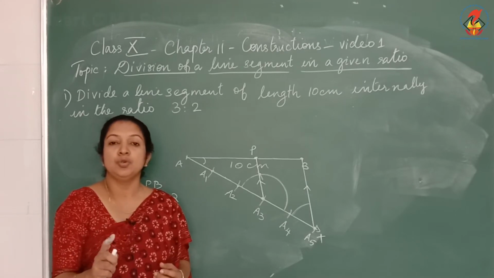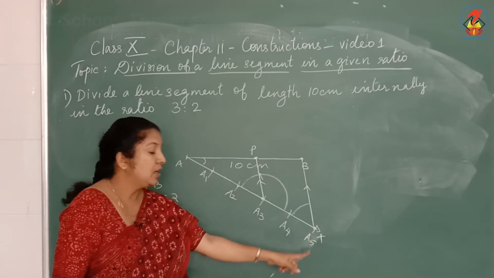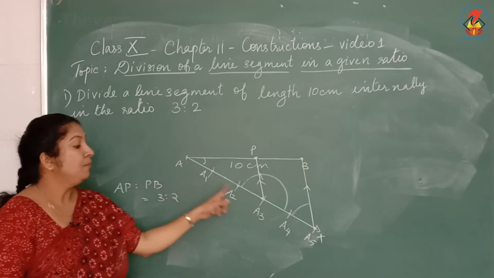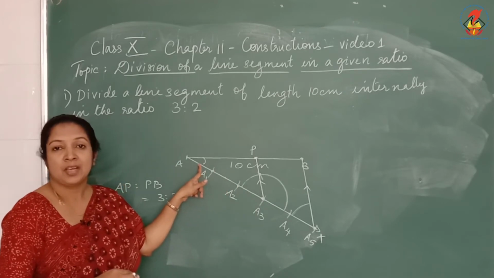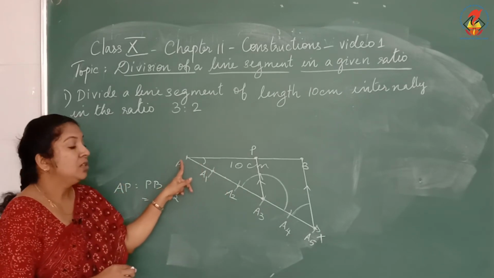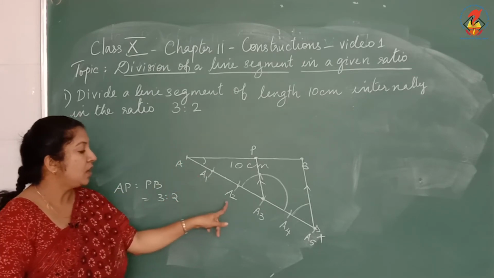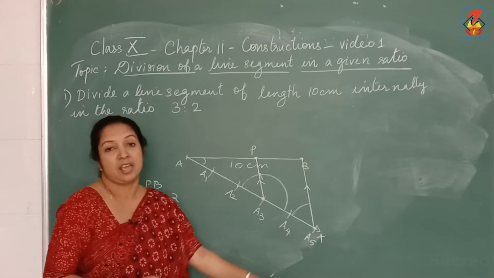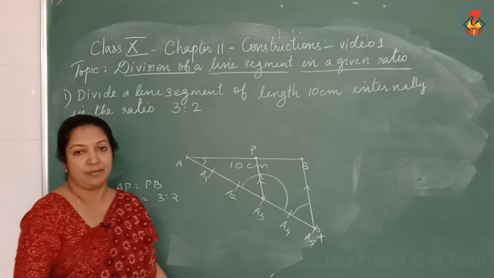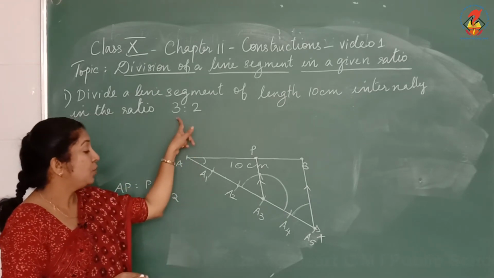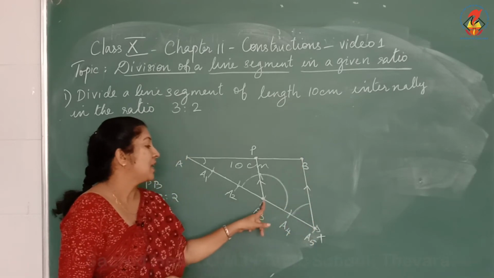3:2 means 3 plus 2 parts should be there. So first we have drawn a ray AX which makes an acute angle with the given line, and we have divided this ray into 5 equal parts, marked as A1, A2, A3, A4 and A5. Then we joined B and A5. We need it as 3:2, so we draw a line parallel to it at A3.